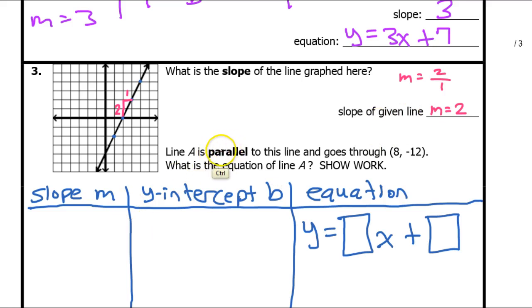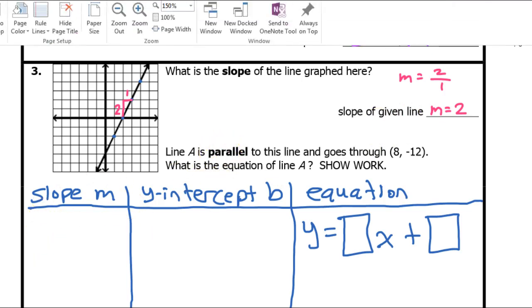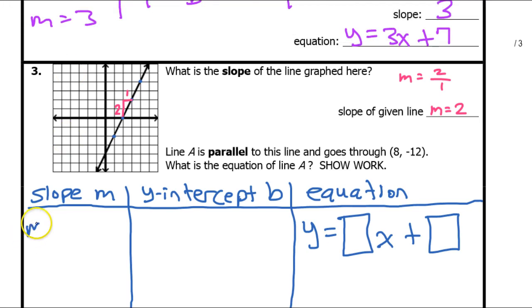These lines are parallel. Parallel lines have the same slope. So if they give me the slope of a parallel line, which is 2, then the slope that I'm going to use will also be 2, because parallel lines have the same slope. So basically I just found out that the slope that I'm going to use is 2.